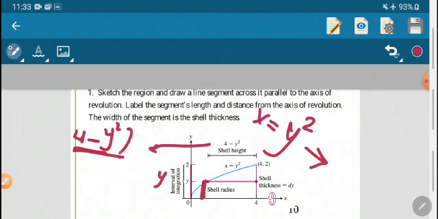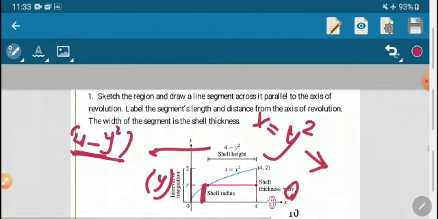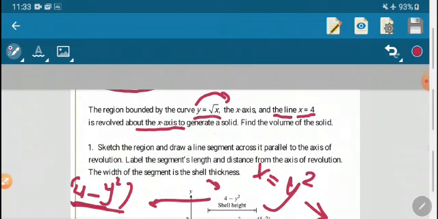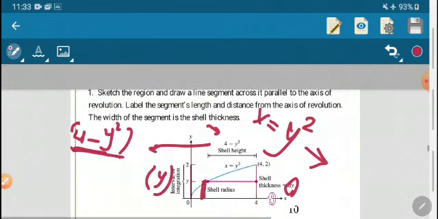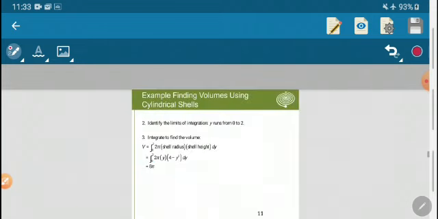The rule is to multiply the shell height by the shell radius by the thickness, which is dy. I'll give you the sketch, okay? You have to find the shell height, which is 4 minus y squared, because x is y squared, translated to the line x equals 4.